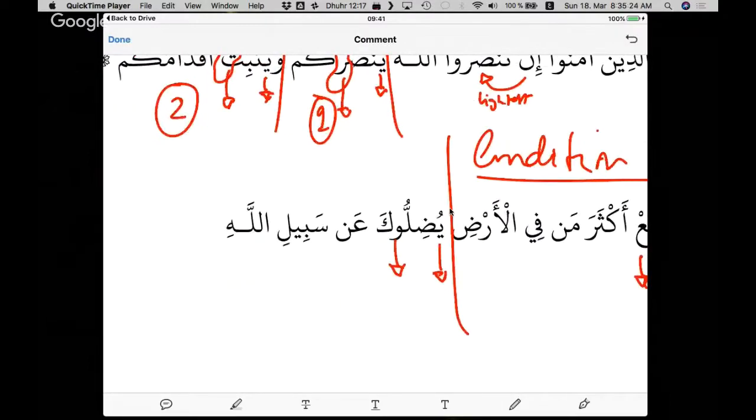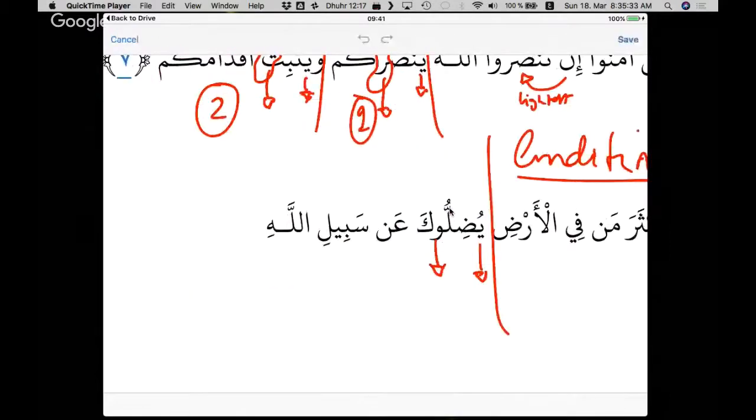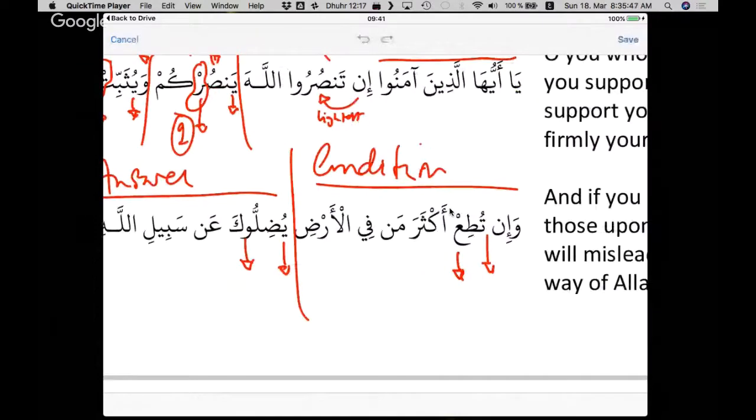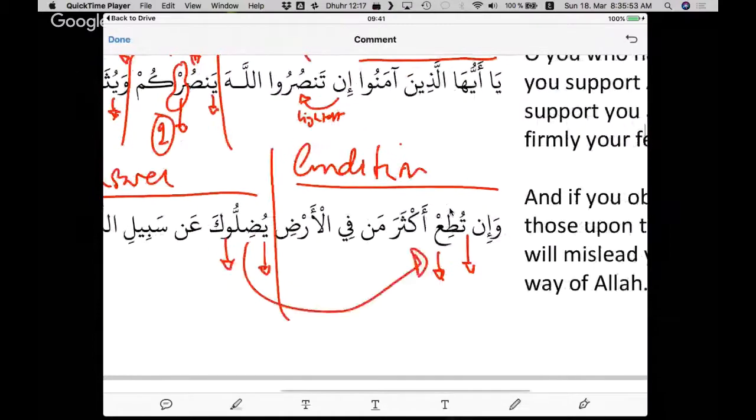Yudilluka. This is a jumla fi'liya in itself. Yudilluka an sabilillah. The answer is this part. Okay, because this is lightest, this is lightest, so the answer to the condition, they both are lightest. Let's read the translation just to help us.